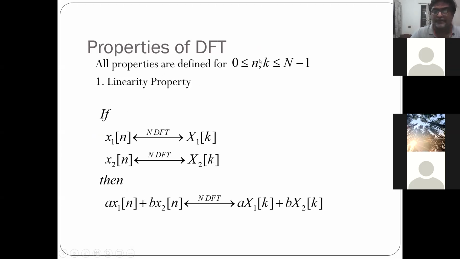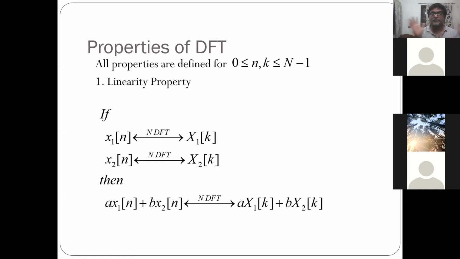All the properties of the discrete Fourier transform are defined for 0 less than or equal to n, k less than or equal to N minus 1. So we will only look at one period. Now you have seen that the discrete Fourier transform is one cycle of the discrete Fourier series. So whenever you are required to prove the properties of the DFT, you only need to prove the property for the discrete Fourier series and then look at one cycle.